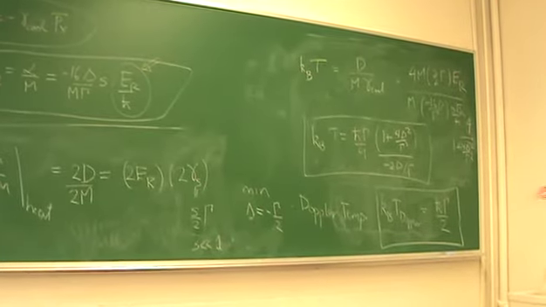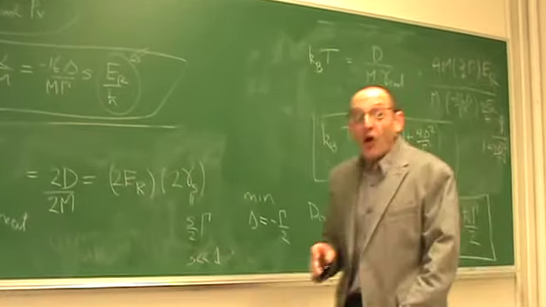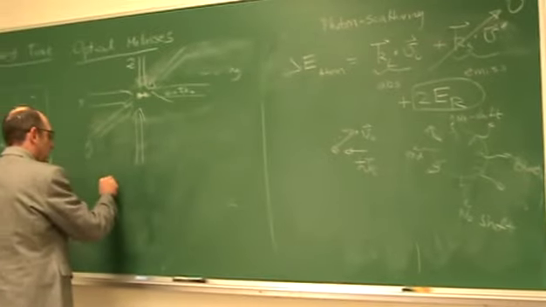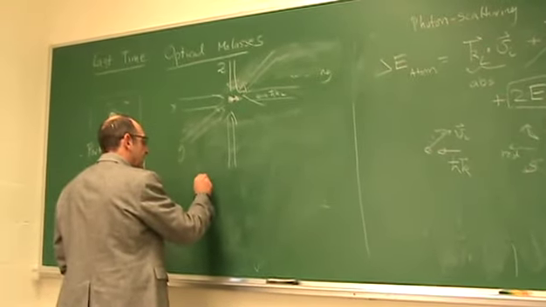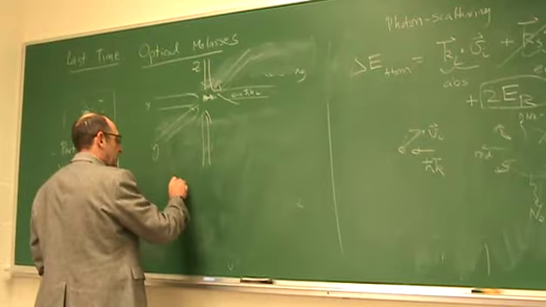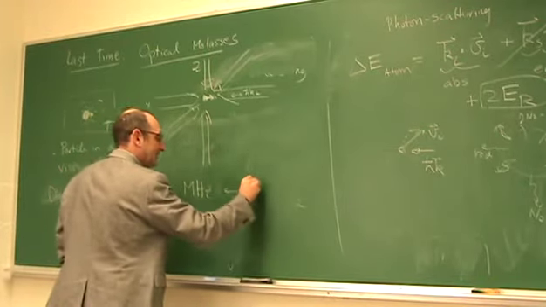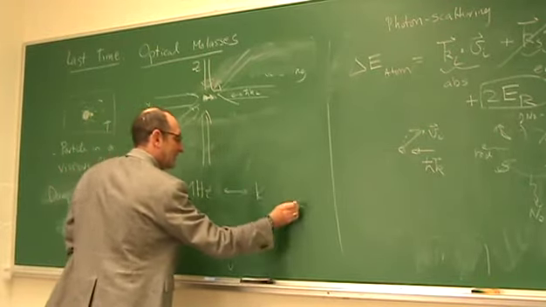How cold is this? Well, pretty darn cold. If I make the conversion between megahertz and Kelvin, then 1 megahertz of line width corresponds to, I think I screwed this up in some previous lecture, but I just recalculated it, about 24.5 microkelvin.